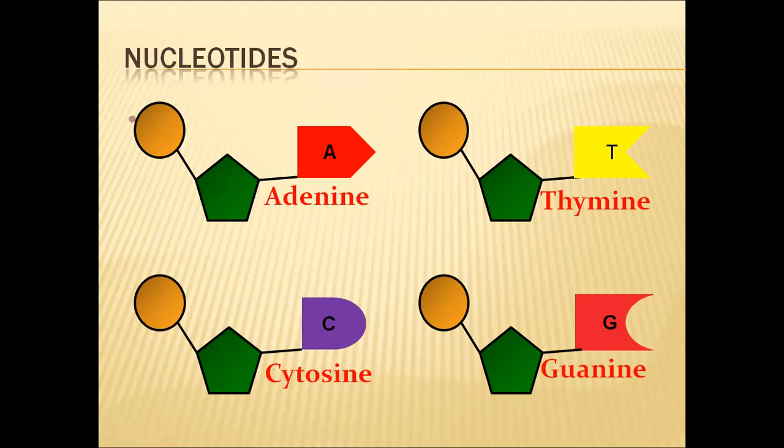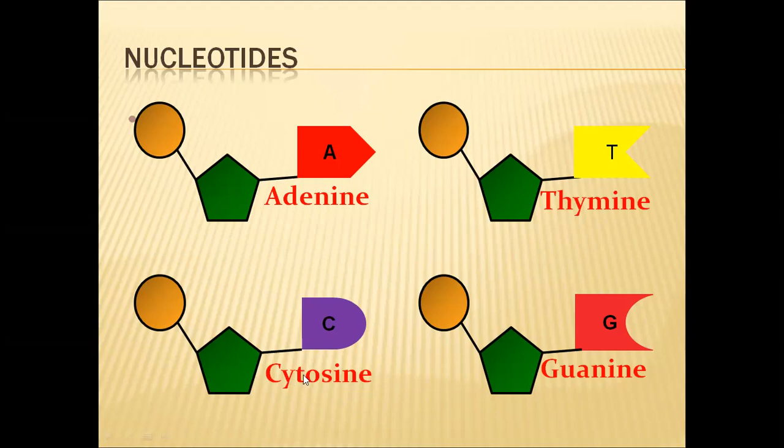We know ATP is adenosine triphosphate. So here adenosine is there, and thymidine, guanosine, cytosine.